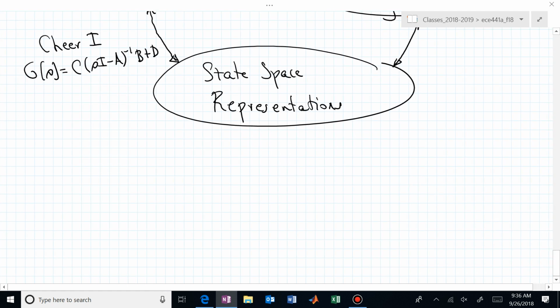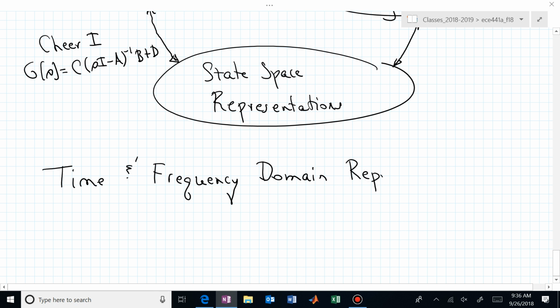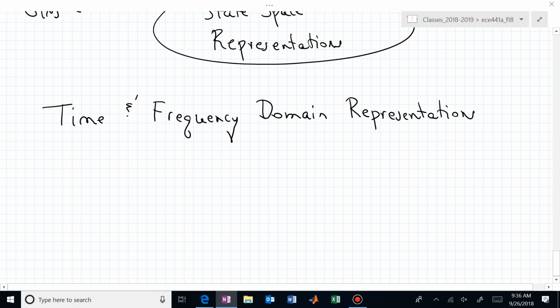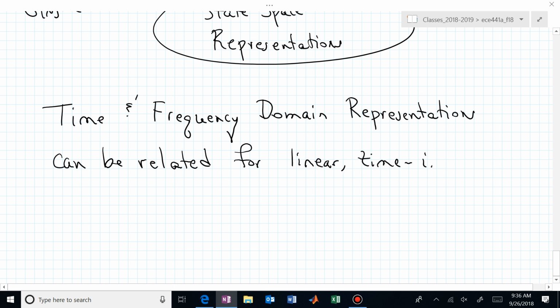What we want to do now is consider the fact that time and frequency domain representations can be related for linear time invariant systems.